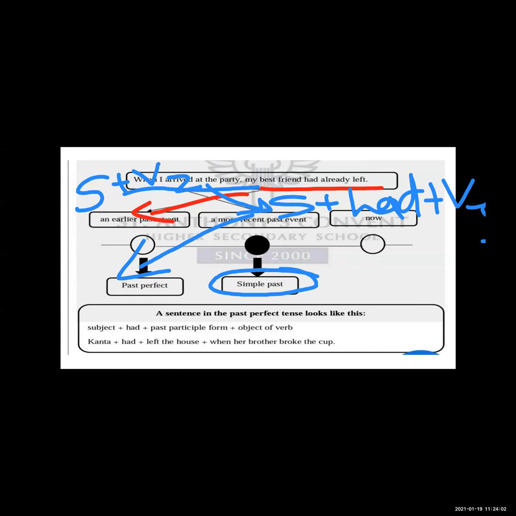Okay, so now see here, the formula of the past perfect tense. Subject plus had plus V3, means past participle form of verb, plus object. Subject plus had plus V3, past participle form of verb, plus object.